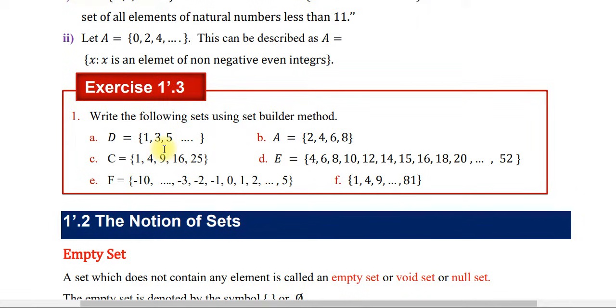ሶ ኤክሰርሳይዝ 1.3 ሴት ቢልደር ሜተድን በመጠቀም እነዚህን ነገሮች ግለጹ ይላል። ለምሳሌ ምን ማድረግ እንችላለን? D which is equal to the set containing x such that x is an element of ምንድናቸው? 1 3 5 odd integer, odd positive integer or odd natural number ማለት እችላለሁ። B ደግሞ A which is equal to the set containing 2 4 6 8። ኦኬ ስለዚህ ይሄን ደግሞ ምን ማድረግ እችላለሁ?